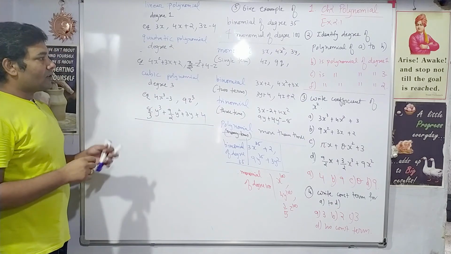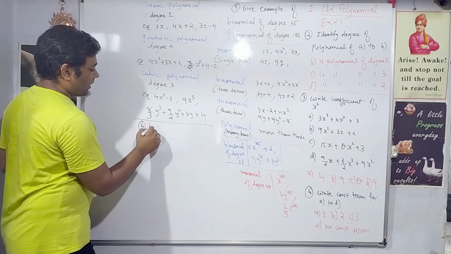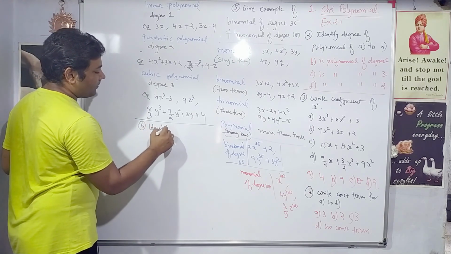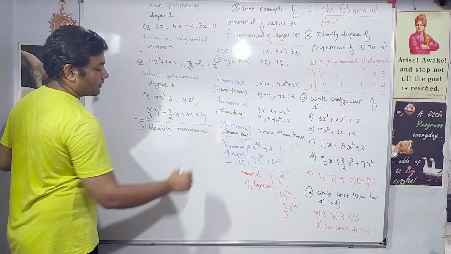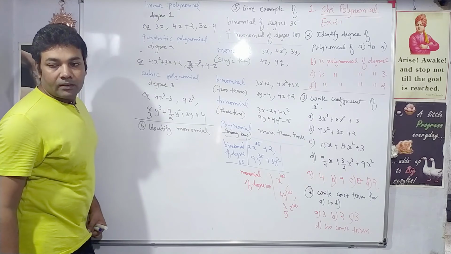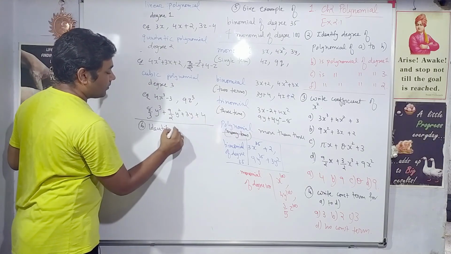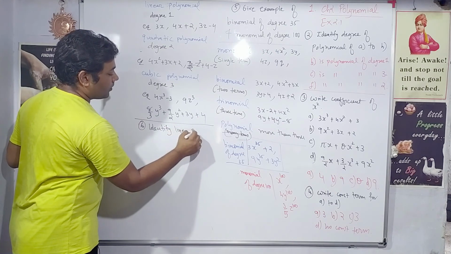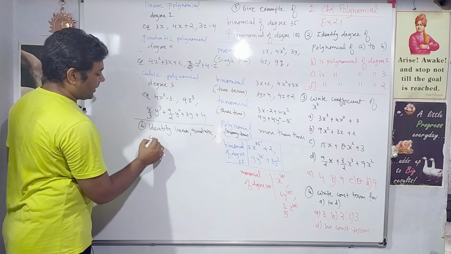Let us take a question based on this. So question number 6 we have: identify monomial, then identify linear, quadratic, cubic.